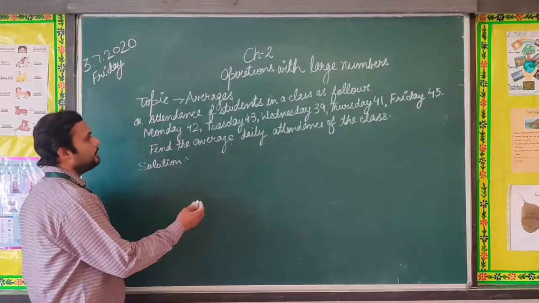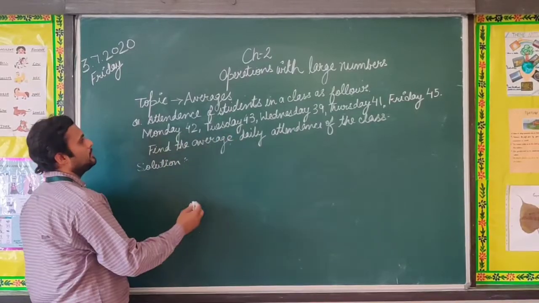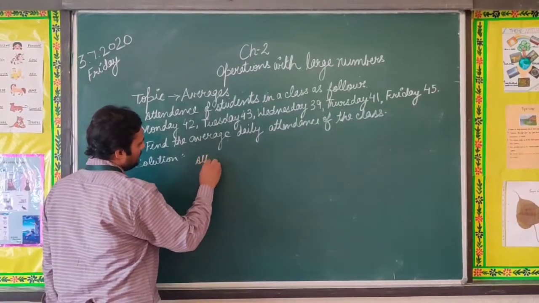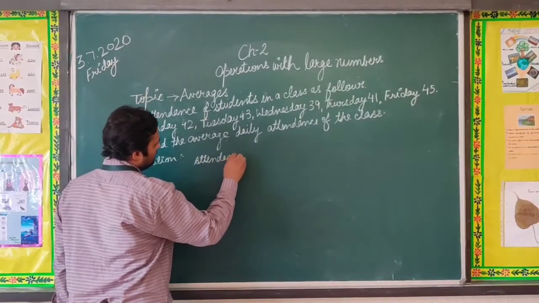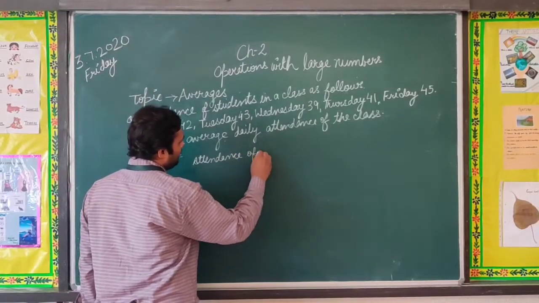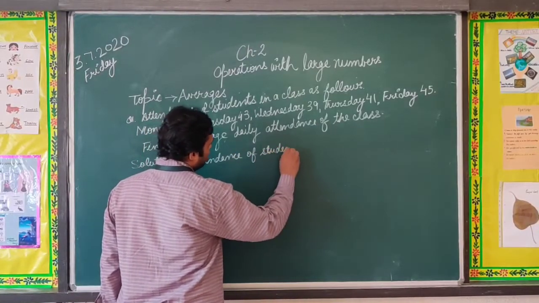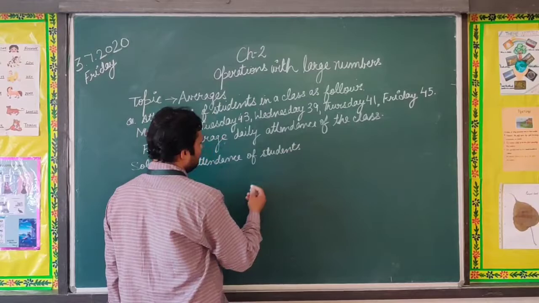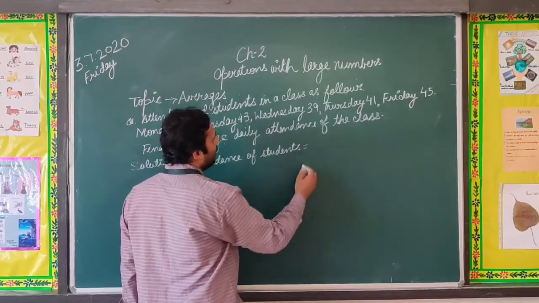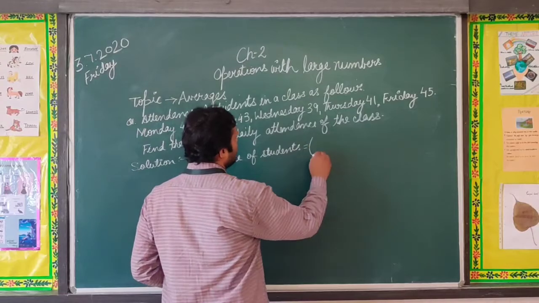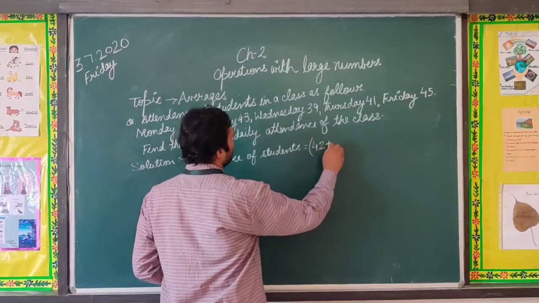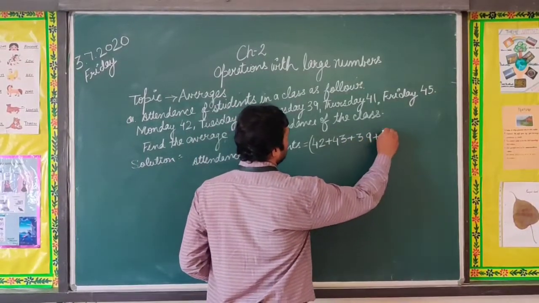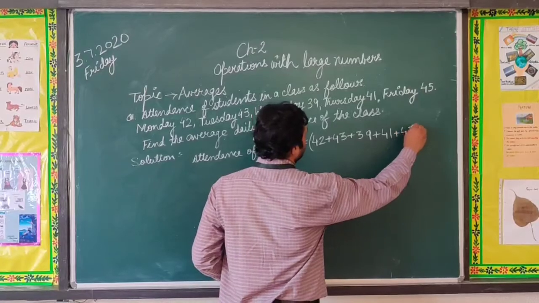First you have to add all these numbers. The sum is for 5 days: 42 plus 43 plus 39 plus 41 plus 45.